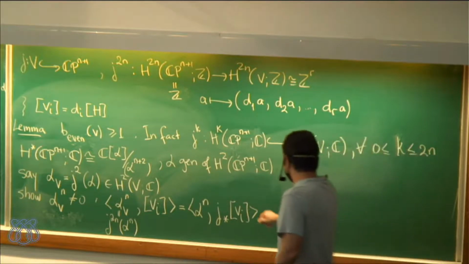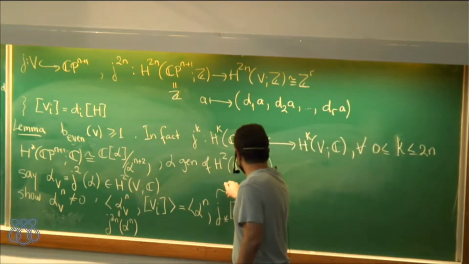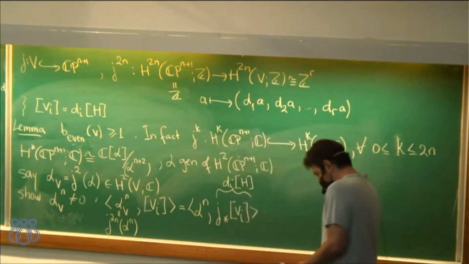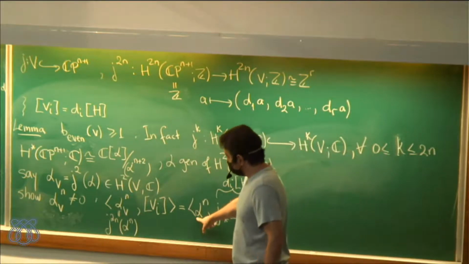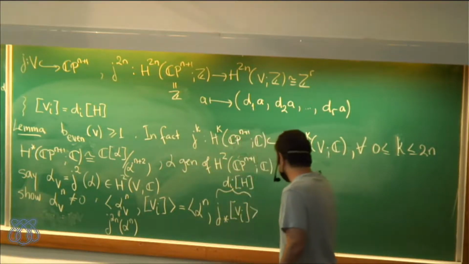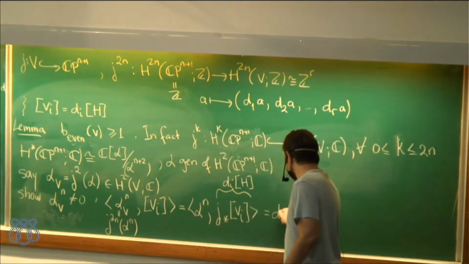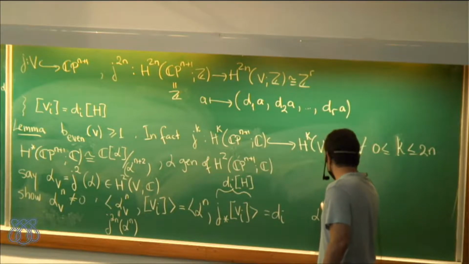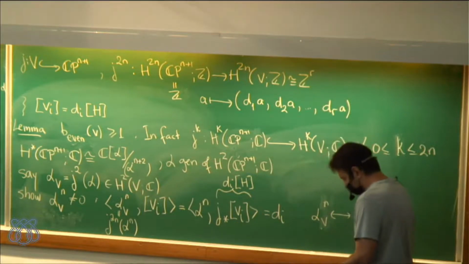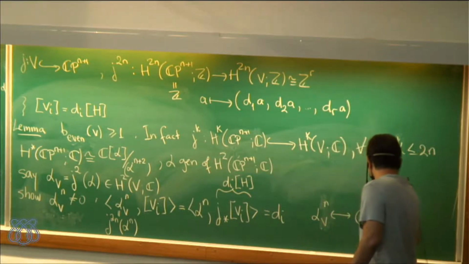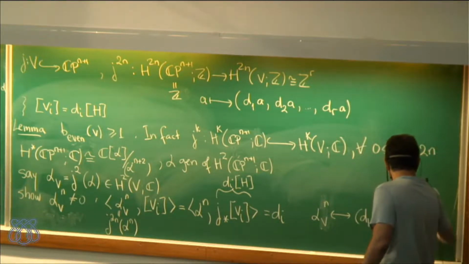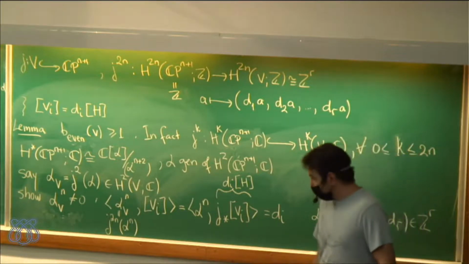Now what I said here is that this is just d_i times the hyperplane class, and alpha itself corresponds to the dual of the hyperplane class. So what you get in the end is just d_i. So alpha_V to n in cohomology corresponds to what I said earlier, d_1 up to d_r in Z^r.